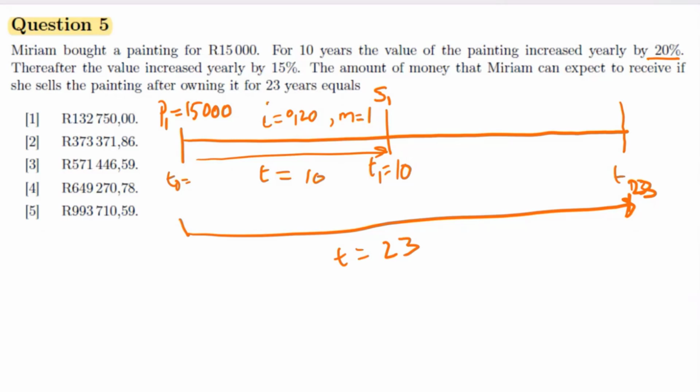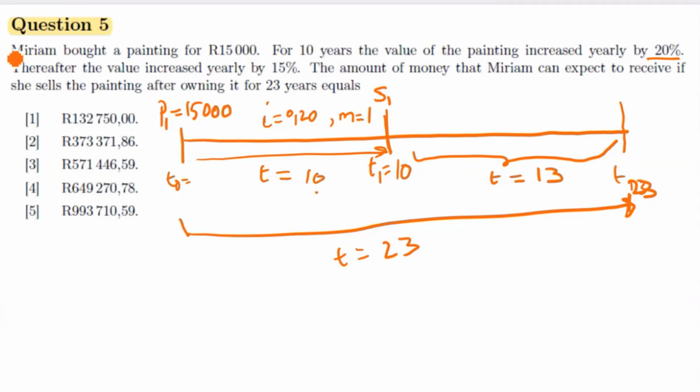But within these 23 years, after 10 years, the interest rate changes. If your investment has run for 10 years, you are left with 13 years. So your T here is equal to 13. 13 plus 10 makes up the full 23.